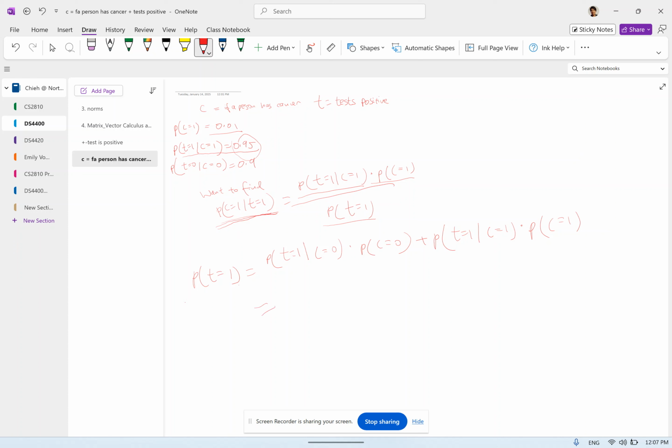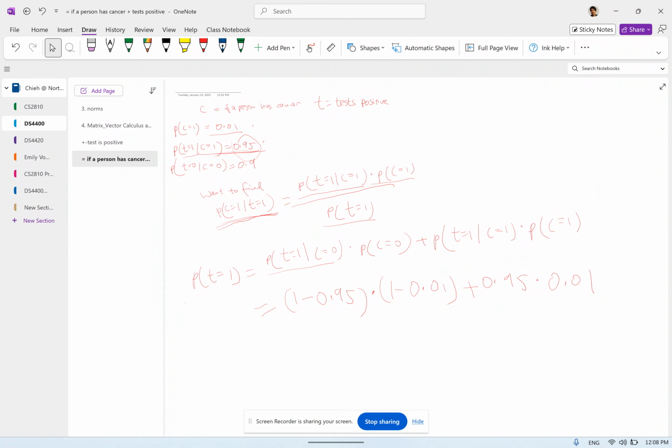And we know this by doing 1 minus 0.95 here, right? Times the probability of C equals 0, and we know that just by doing 1 minus 0.01. And this is just what's here. So 0.95 times, we already know this from here as well, 0.01.